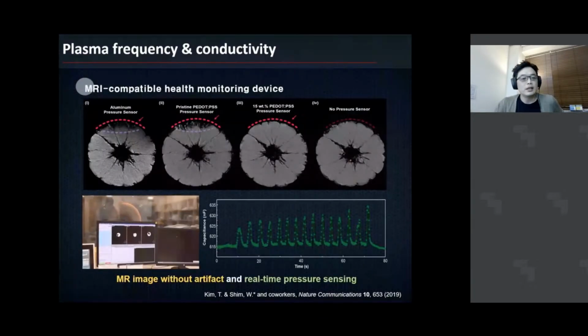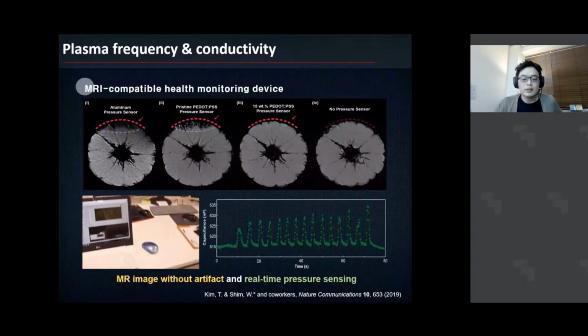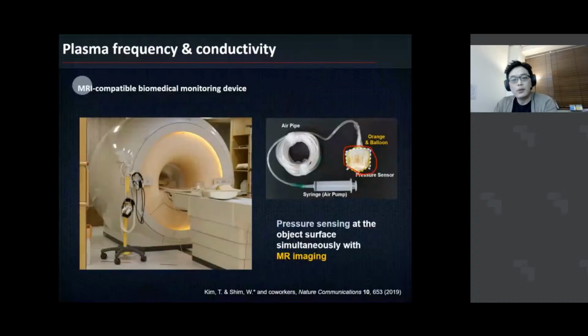Here we expand this orange by putting an air tube inside. You can put in air, and then expand and contract the entire volume of the orange. So we mimic a human cardiac system. It's kind of numerically pumping the orange.